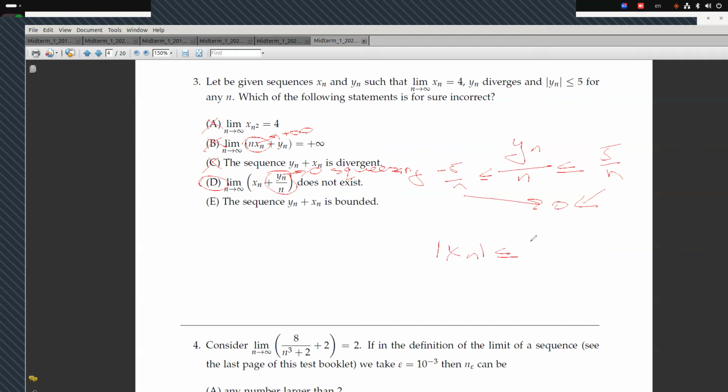F of minus x is 5 minus x minus 5 minus x, so just plus x, divided by x squared plus 3. It is nothing else than minus f of x. Maybe this is not an odd function.